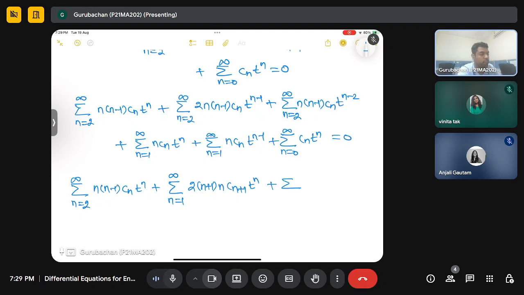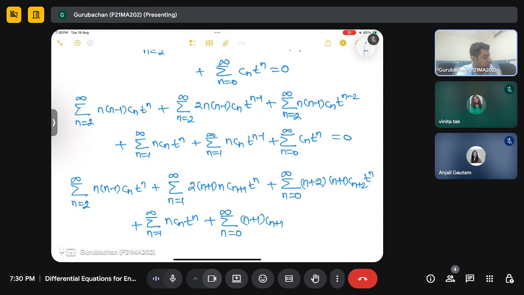In the third expression, we will put n plus 2, so it will start from n=0 to infinity, (n plus 2)(n plus 1) c_(n plus 2) t to the power n. In this expression we will not change anything, n c_n t to the power n. In this expression we will replace n by n plus 1, so this will be n=0 to infinity (n plus 1) c_(n plus 1) t to the power n, plus n=0 to infinity c_n t to the power n equal to 0.